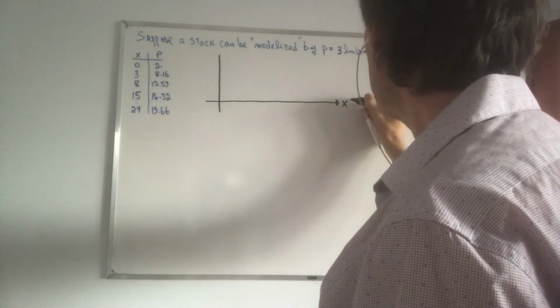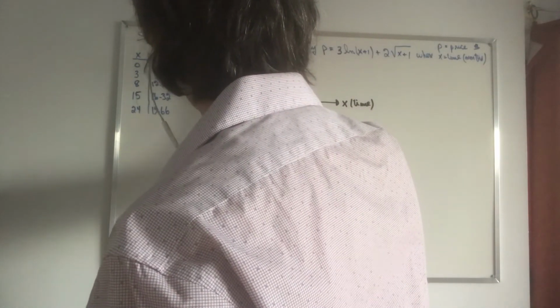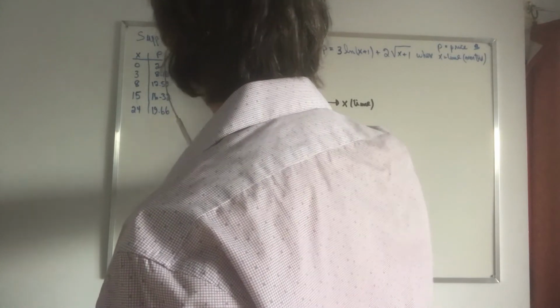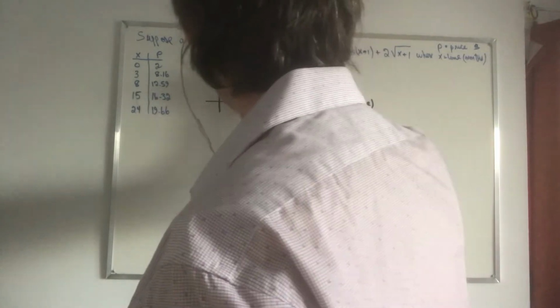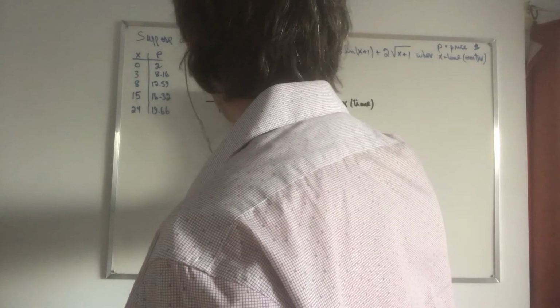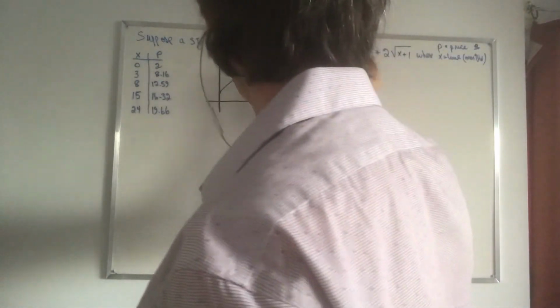So x is time in months, while the y-axis is P, in terms of dollars. Okay, so x equal to 0 gives me a 2 here. We're going to get something that looks roughly like this.